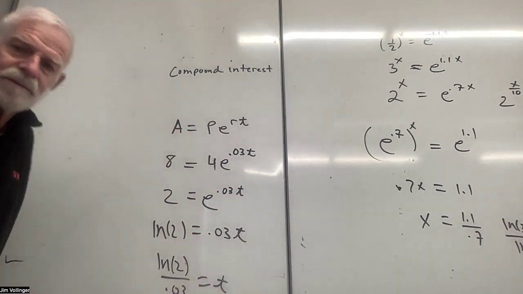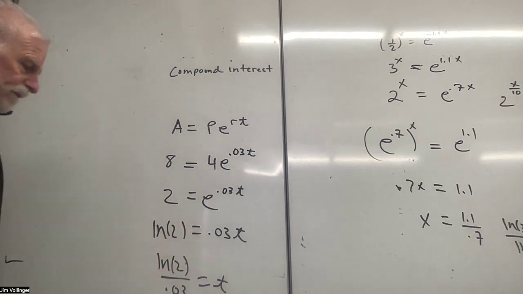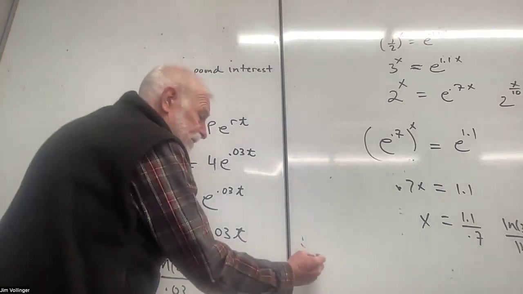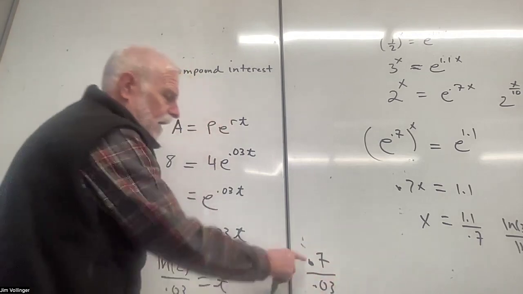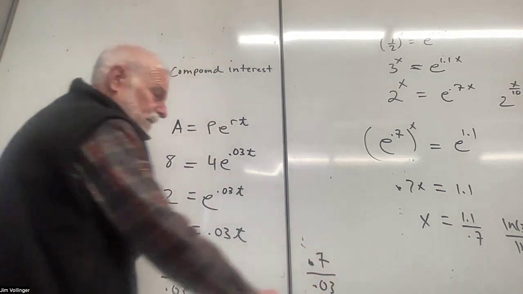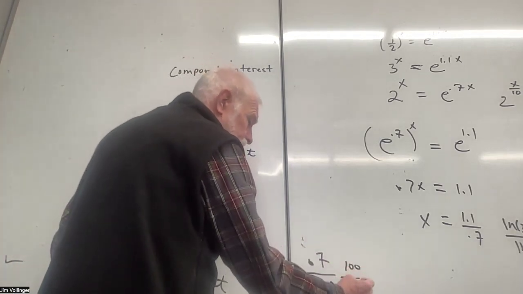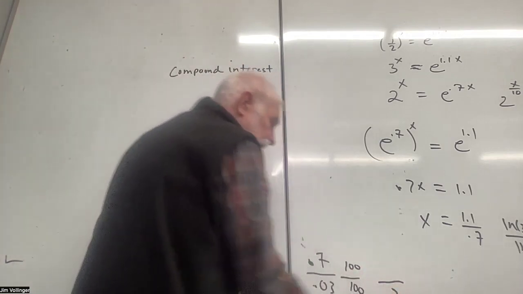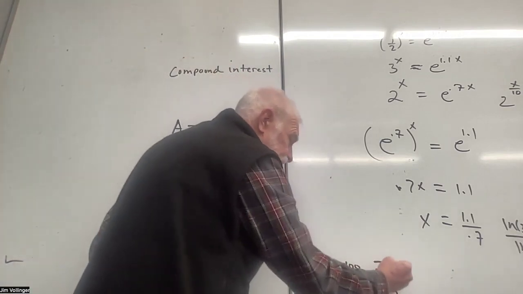And that's going to tell me how long it takes my $4 that my father took me into the bank to deposit into a savings account at 3% interest, because I know the ln of 2 is about 0.7. And I know how to get rid of decimal places. I'll multiply both by 100, because that moves this decimal place into the 3 location, and it moves this decimal place 2 units to the right, 70.